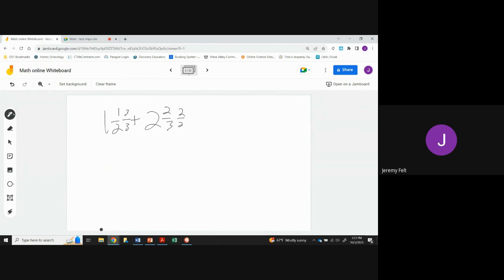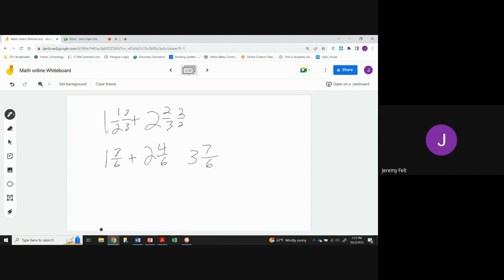And I'm renaming these, but I'm not changing the value. So this becomes 1 3/6 again, plus 2, and 2 times 2 is 4 over 6. Okay, so 3 plus 4 is 7, still over 6, and then 1 plus 2 is 3. Now we need to simplify because this is an improper fraction, so we could rewrite 7/6 because 6 goes into 7 once with 1 left over, 1 1/6, and then we add that to 3.